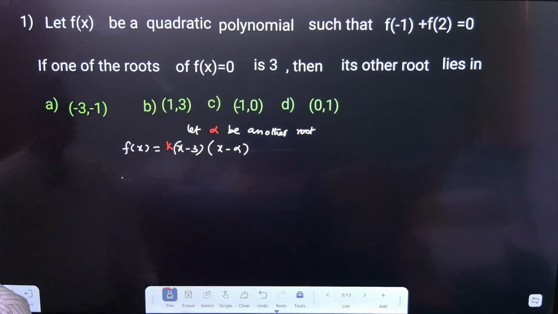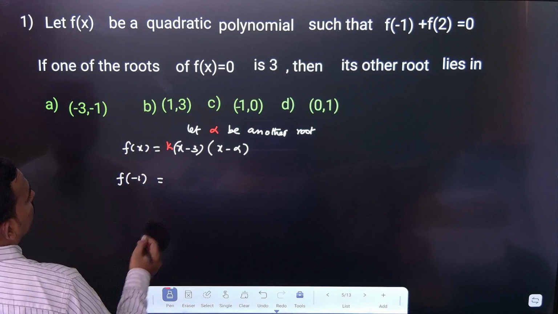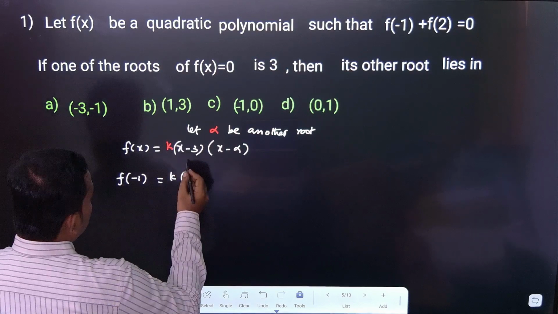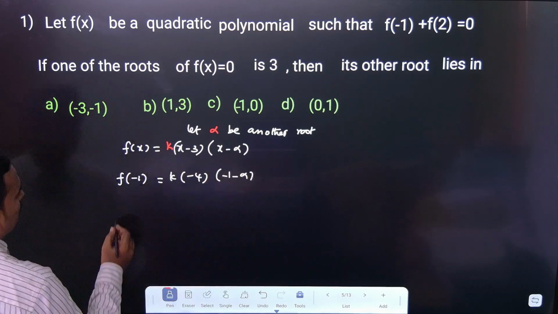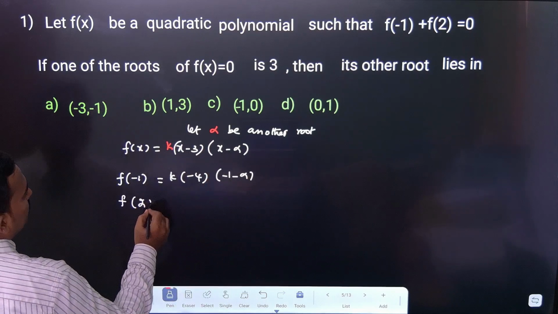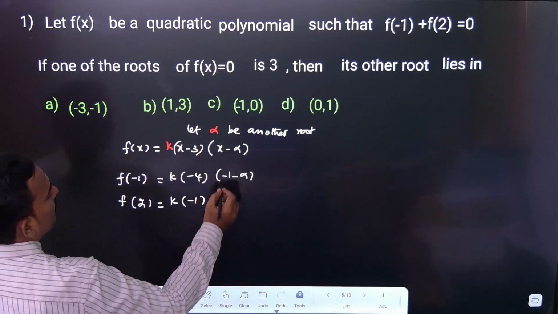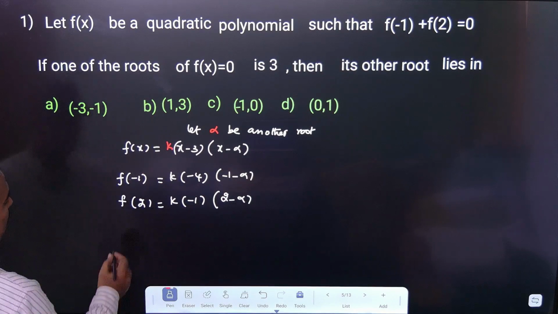Okay, then you can substitute it here. f of minus 1, what will we get? k into minus 1 minus 3, so minus 4, into minus 1 minus alpha. f of 2 you can substitute, k into 2 minus 3 is minus 1, into 2 minus alpha. You can add these two things, you'll get 0, right?